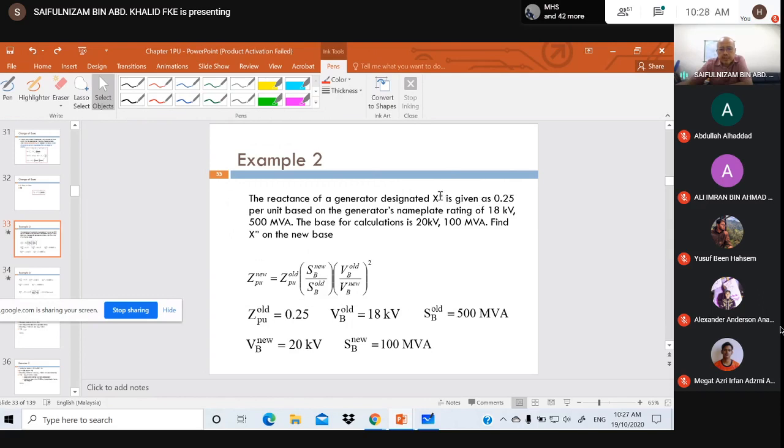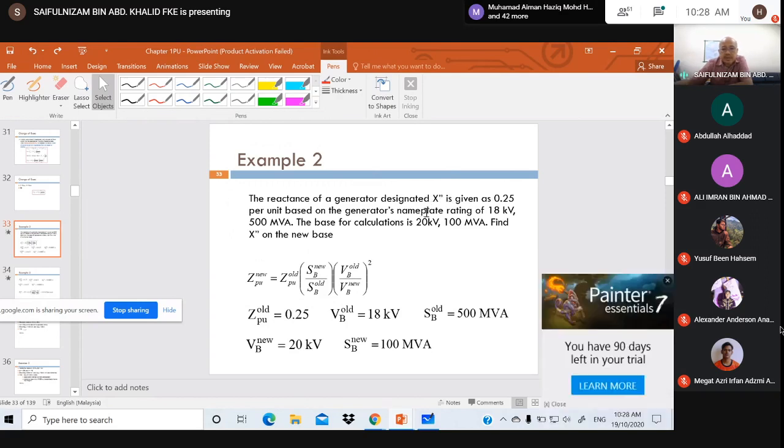So X double prime refers to the subtransient value of the impedance. X prime is a transient value. X with no prime is the steady state value. So the subtransient, transient, and steady state are important in fault study. Later on, we'll study it.